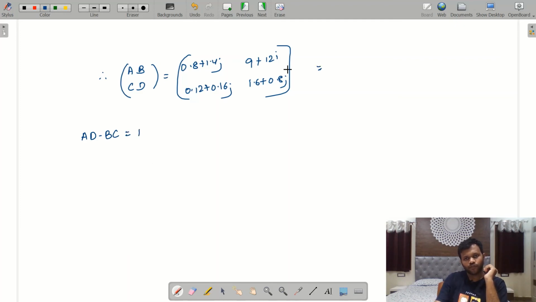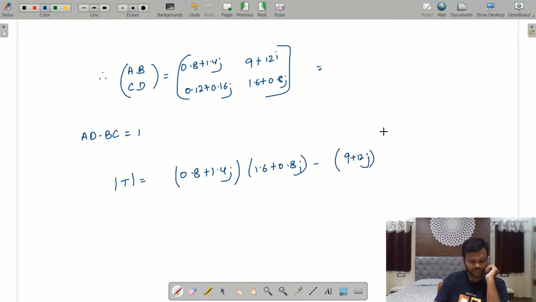So from this matrix, find its determinant value. 0.8 plus 1.4j into 1.6 plus 0.8j, minus 9 plus 12j into 0.12 plus 0.16j.